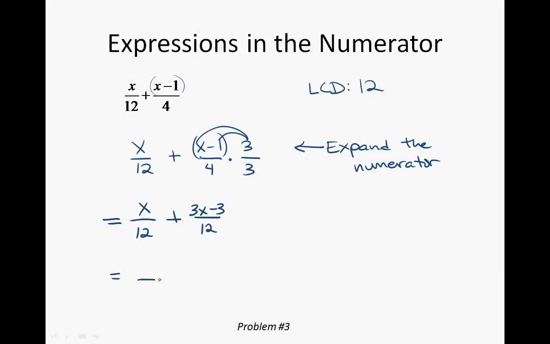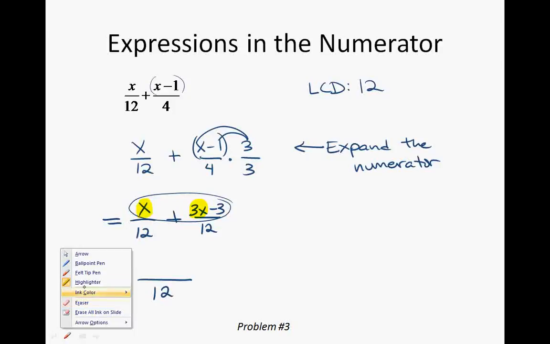Now that we've done that, we can combine these over the like denominator 12. And then you look at the two numerators. We're going to add these two together and collect like terms wherever you can. So this x plus 3x, those two can combine to become 4x.